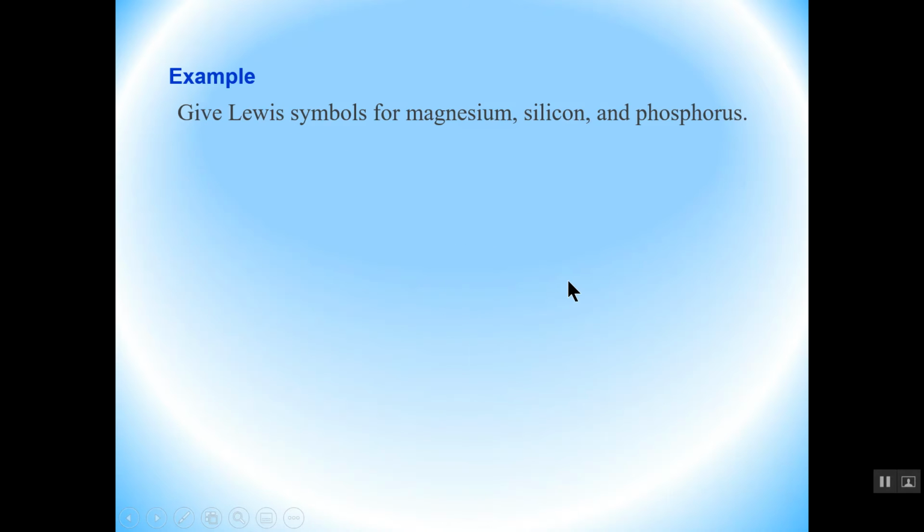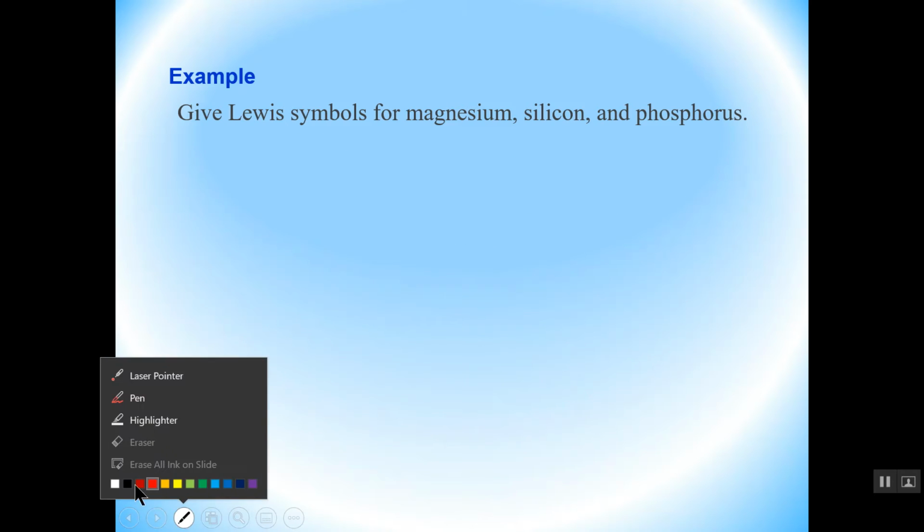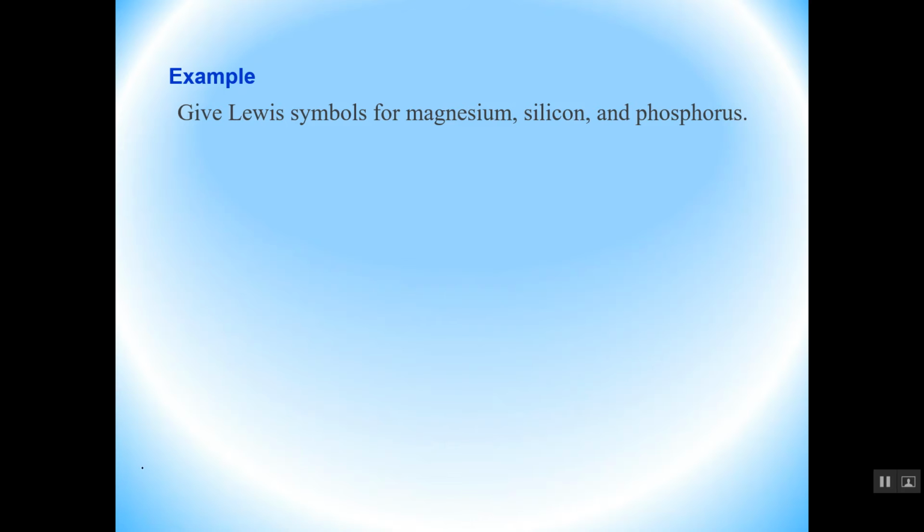So if you're asked in this question, give the Lewis symbols for magnesium, silicon, and phosphorus, well, that's very easy. All you have to do is look for the group numbers and write down the symbols and place the number of dots around the symbol which is equal to the group number. So in the case of magnesium, if you consult the periodic table, you'll see that magnesium is in group 2. So basically this would be the Lewis symbol for magnesium.